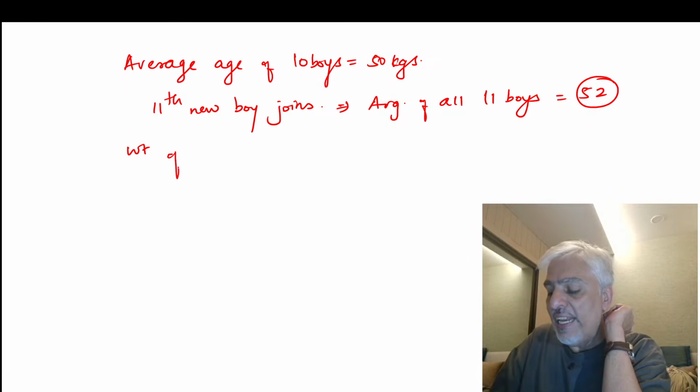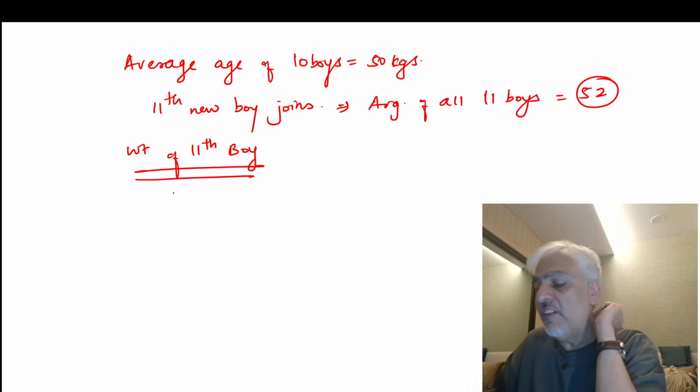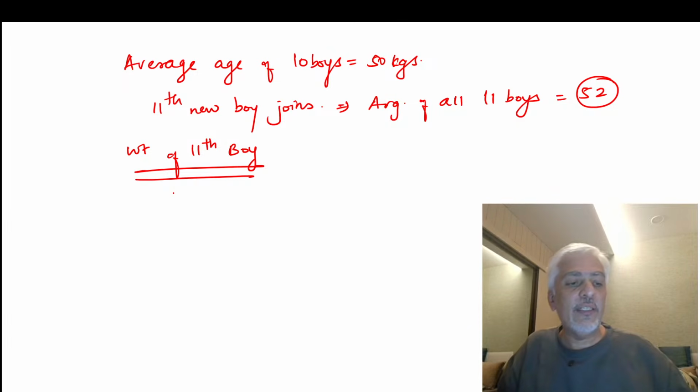What is the weight of the 11th boy? It's not an intuitive way, it's a logical way. Pay attention, Sambhavi. The 11th boy himself is 52.